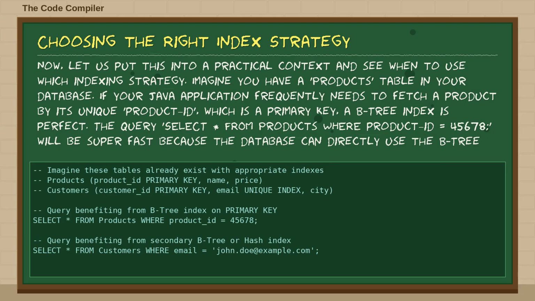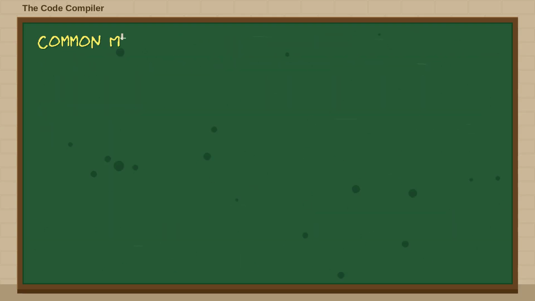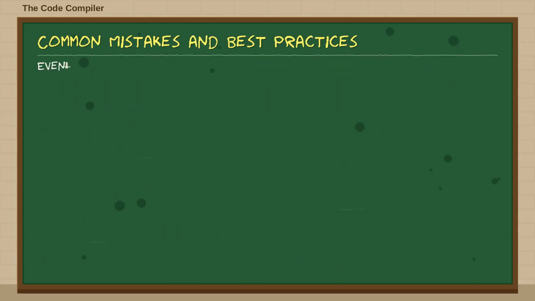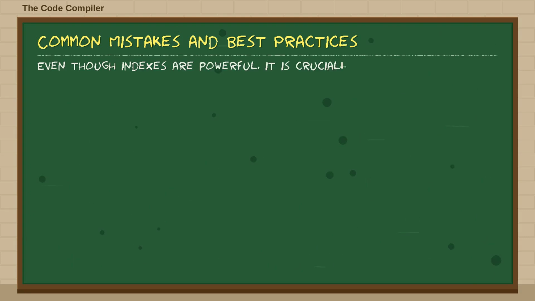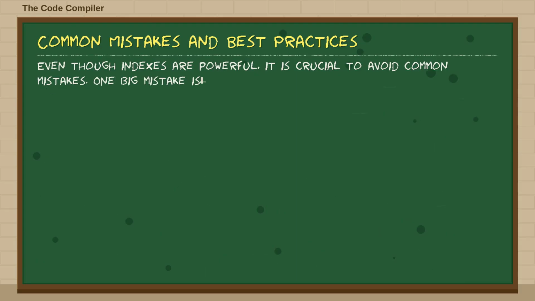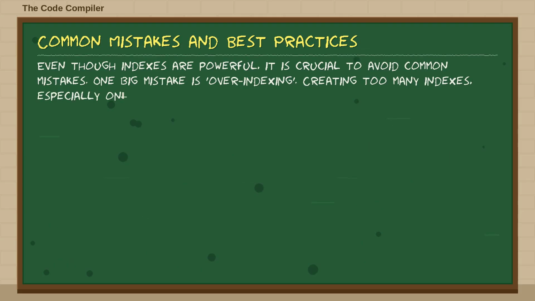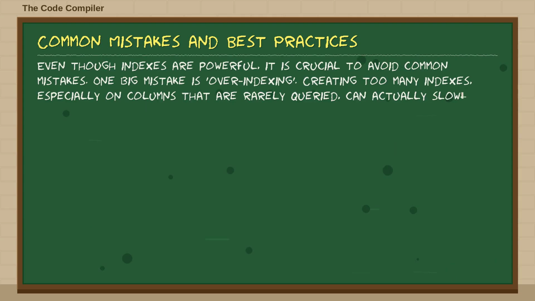and order by clauses. Even though indexes are powerful, it is crucial to avoid common mistakes. One big mistake is over-indexing. Creating too many indexes, especially on columns that are rarely queried, can actually slow down your database. Why?